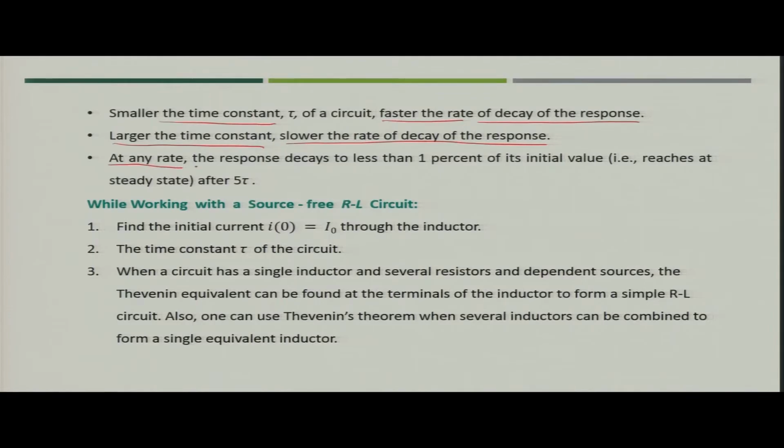Now, at any rate, the response decays to less than 1% of its initial value after 5 time constants. The same we saw in case of RC circuit also, when the time is 5 tau, that is 5 times the time constant, the value of voltage was left with less than 1%.